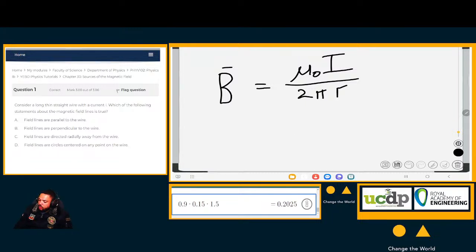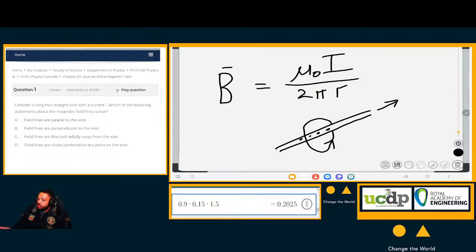Okay, say this is the current carrying conductor, there we have the charges flowing in it, current is flowing in that direction. The magnetic field, according to the right hand rule, will be in perpendicular circles around the current carrying conductor.